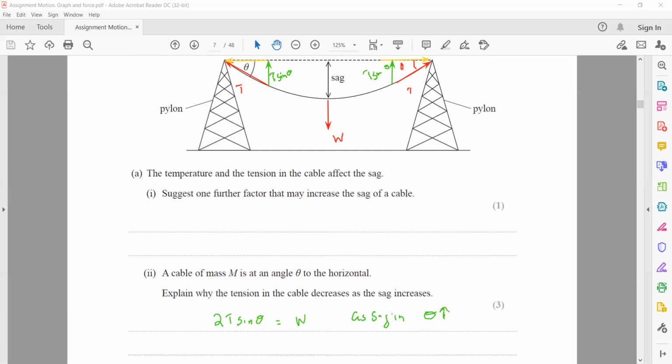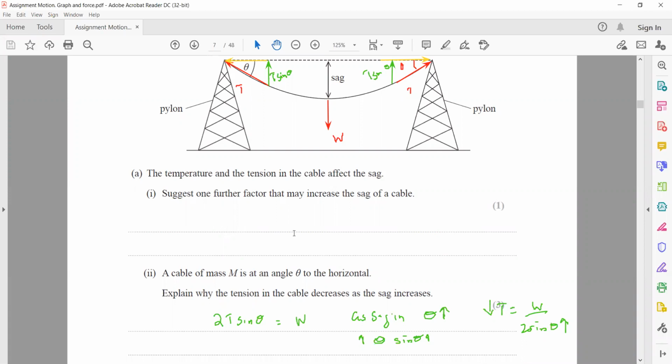And what is the effect of theta? Because the relation here is T equals W divided by 2 sin theta. So when the value of theta increases, the value of sin theta will also increase. And when the value of the denominator sin theta increases, the value of T will decrease. Is it clear?